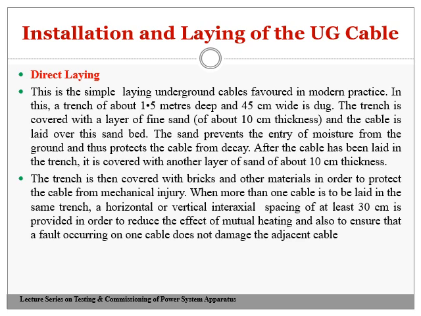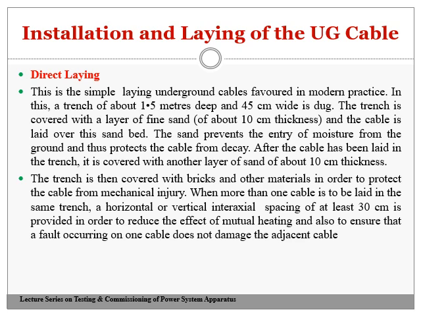The direct laying method is the simplest method of laying underground cable, used in earlier days as well as in modern practice. In this, a trench about 1.5 meters deep and 45 centimeters wide is dug.